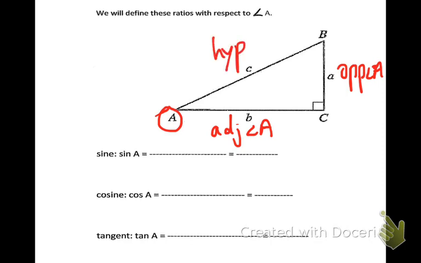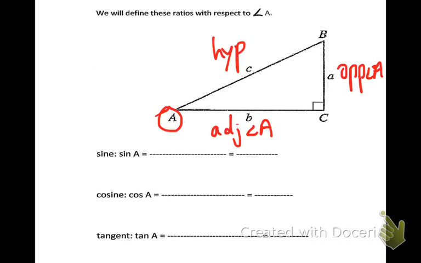C is also adjacent to A, but because it's the hypotenuse, we don't label it as adjacent to angle A. We label it as the hypotenuse. The one across from the 90-degree angle, you always call the hypotenuse. Then the other one touching A is the one we call adjacent to A.